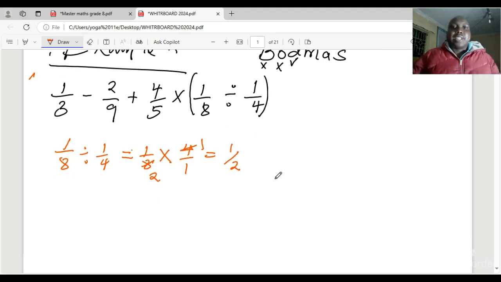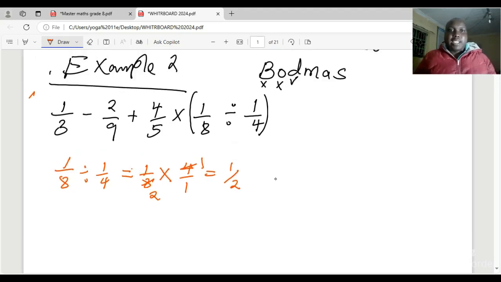Again, now you rewrite the expression. 1 over 3 minus 2 over 9. You need to be very careful so that you copy exactly what you are given. You don't copy your own things. Now multiply with the answer here, which is a half. That is the answer we obtained. Now from there, we go to multiplication.